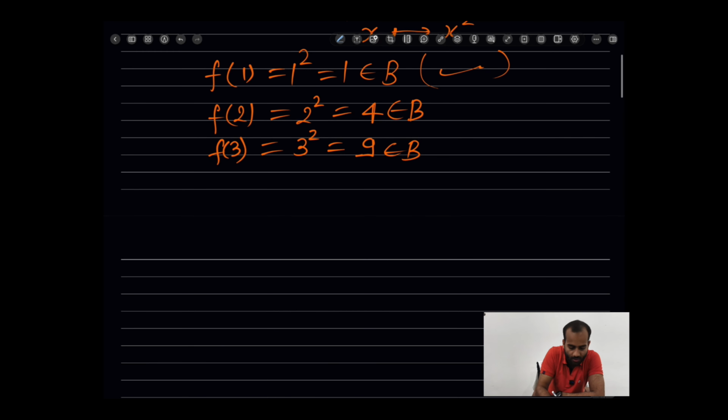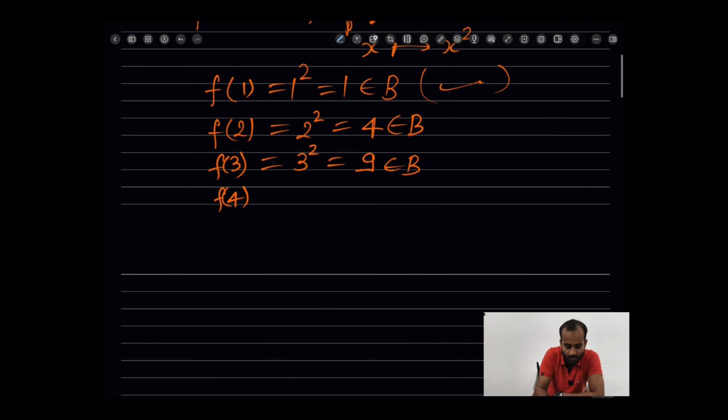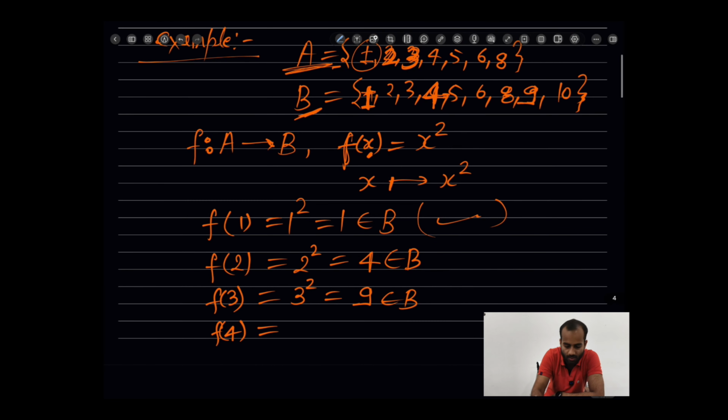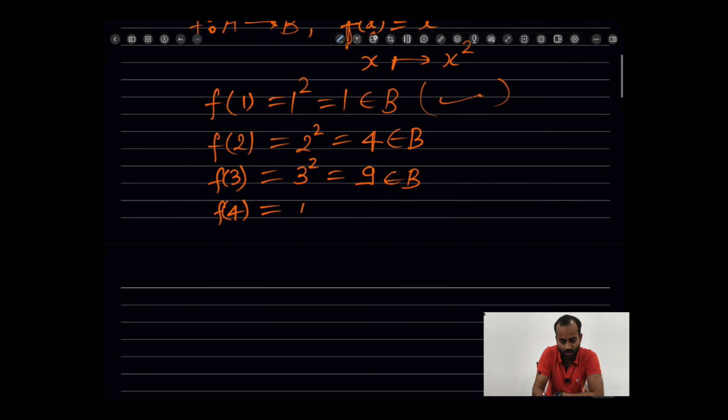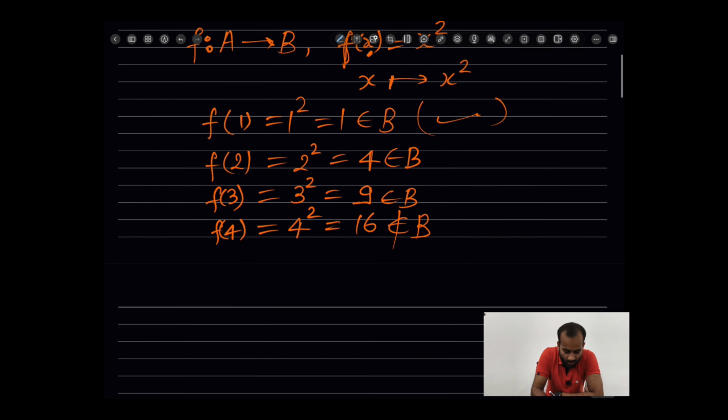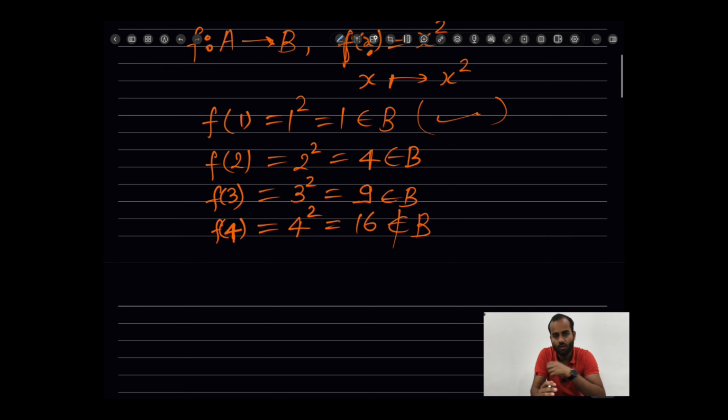But as we select the fourth element, which is none other than 4 in the domain, 4 gets mapped to 4 square, which is 16, and 16 is not an element in B. That means the element 4 has no image in the codomain.